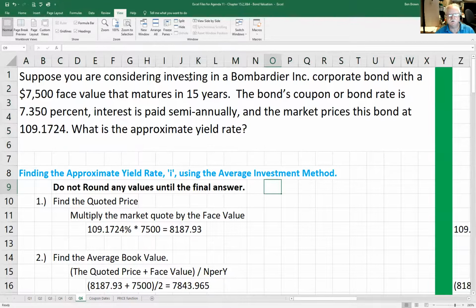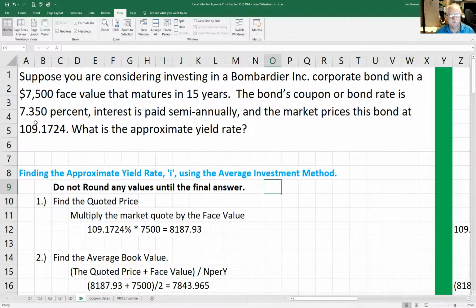So suppose you're considering investing in a Bombardier Incorporated corporate bond with a $7,500 face value that matures in 15 years. The bond's coupon or bond rate is 7.35%. Interest is paid semi-annually, but the market prices this bond at 109.1724.